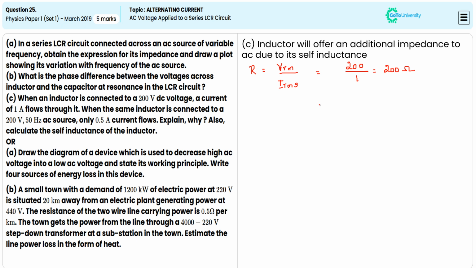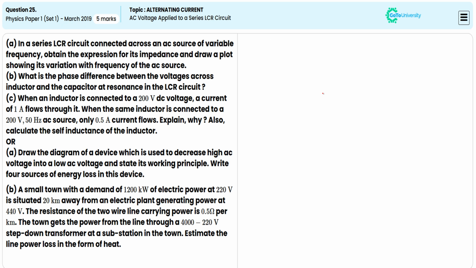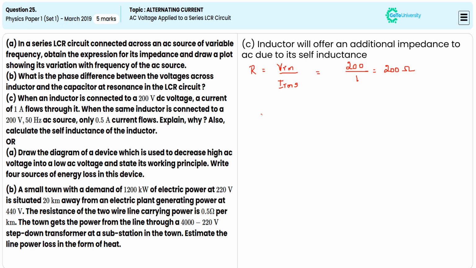Then the impedance of the inductor, Z is equal to VRMS divided by IRMS, which is equal to 200 divided by 0.5, which gives the result 400 ohms.